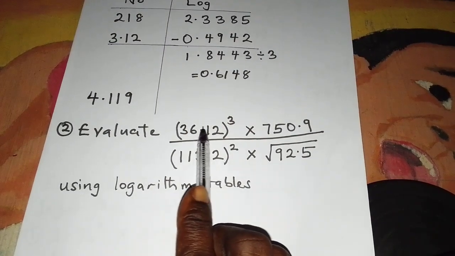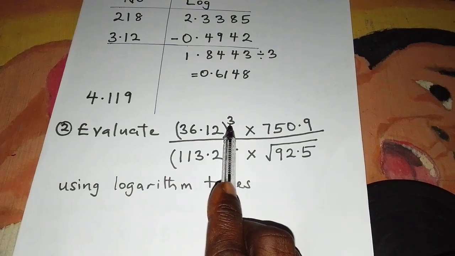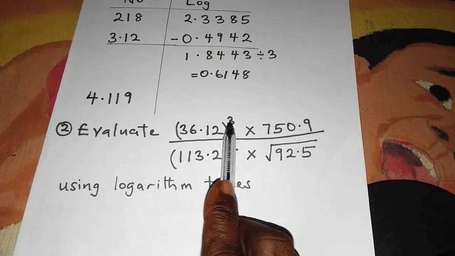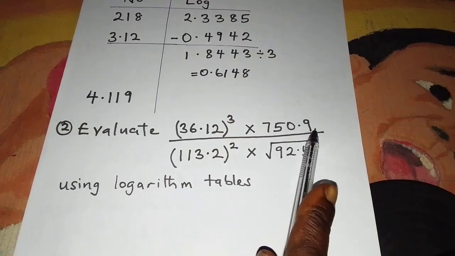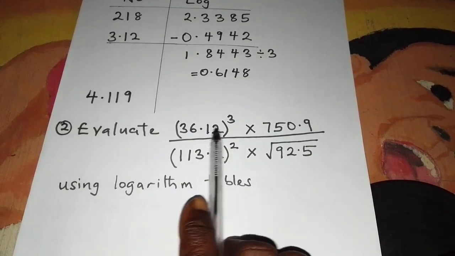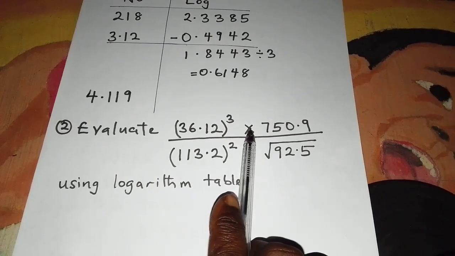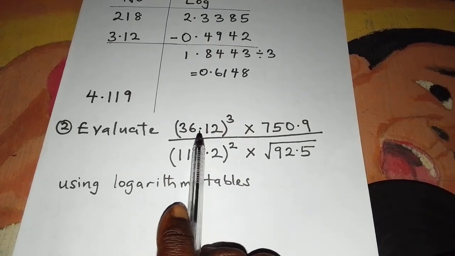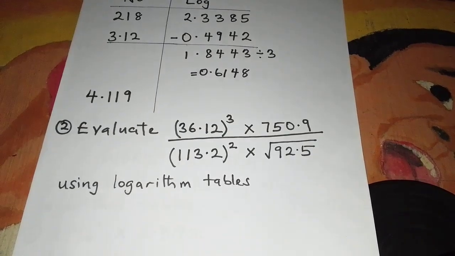You look for the logarithm of 36.12. Because this is having power, you multiply by 3. Then you look for the logarithm of 750.9. Because you are having these two on the numerator, you are multiplying. Since it is multiplying, you are going to add their logarithms. So that's that for the numerator.